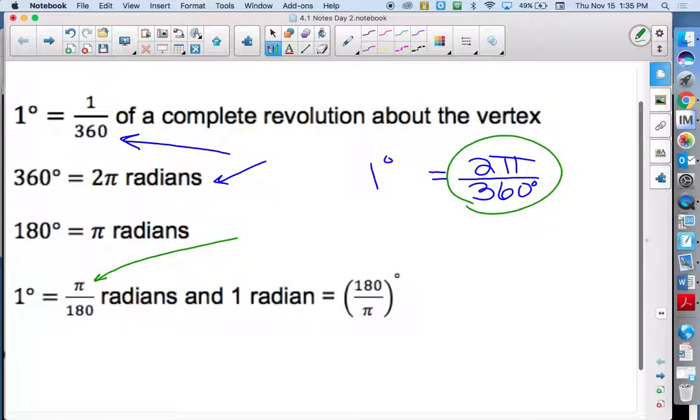And then flip-flopping that, 1 radian is equivalent to 180 over pi, because it would be the opposite thinking. So 1 degree is pi over 180 radians, or 1 radian is 180 over pi degrees. So a radian is a little teeny tiny piece of the entire circle. A degree is that same teeny tiny little piece of the entire 360 degrees.